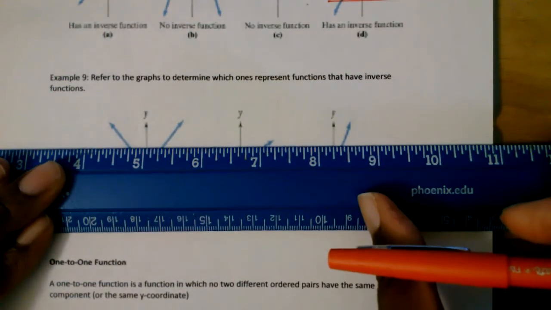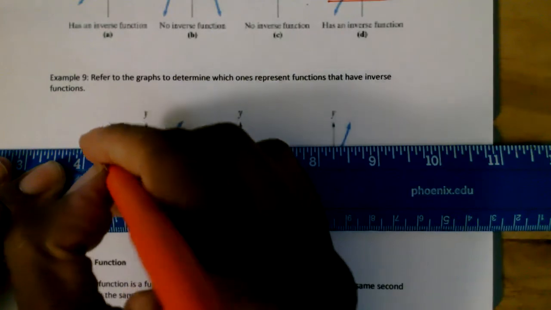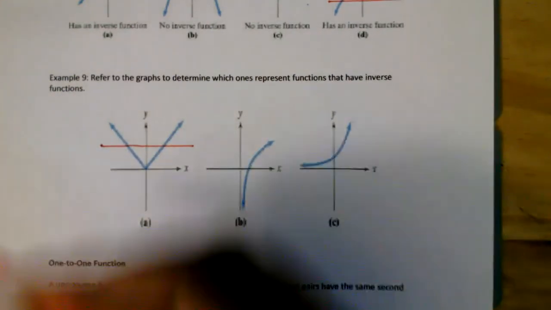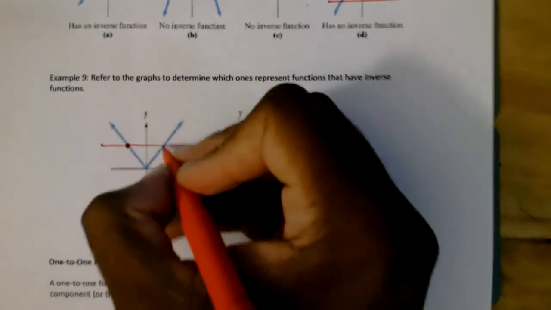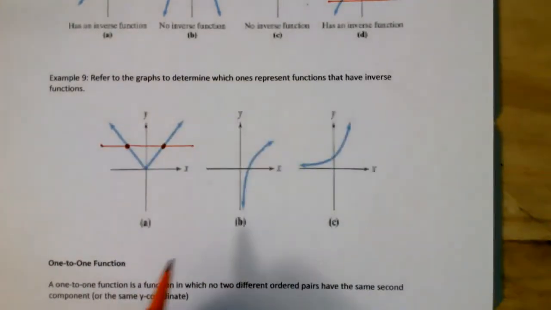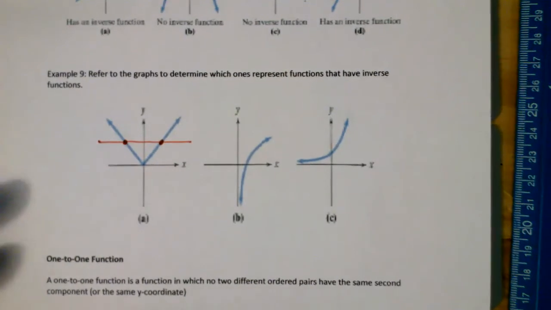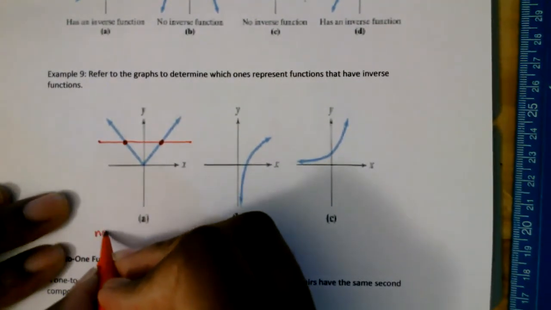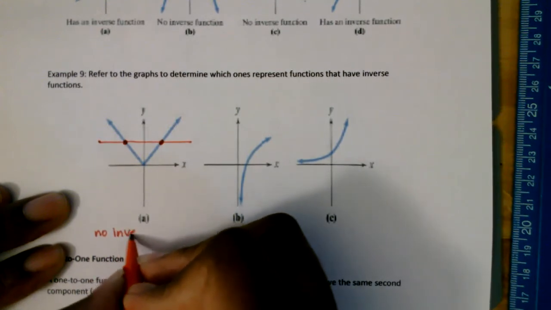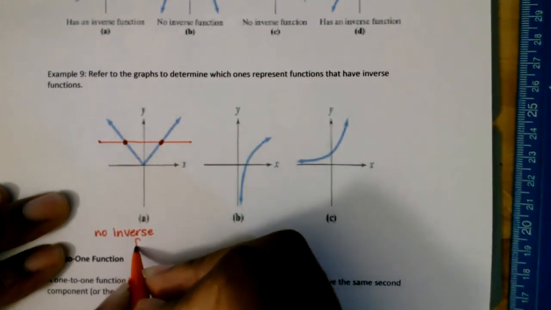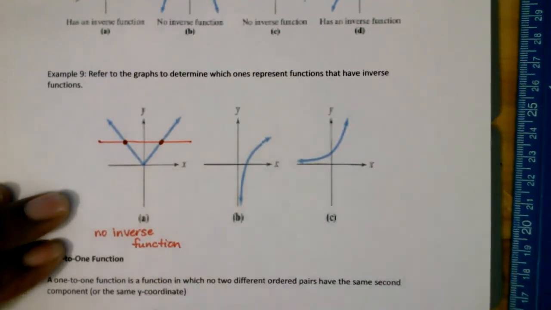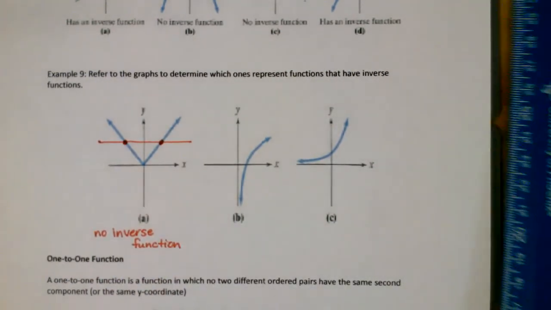Well, if I draw a horizontal line through that graph, that horizontal line crosses the graph at 2 different places here, as you can see. So this graph, graph A, has no inverse function. All right, that's all there is to it.